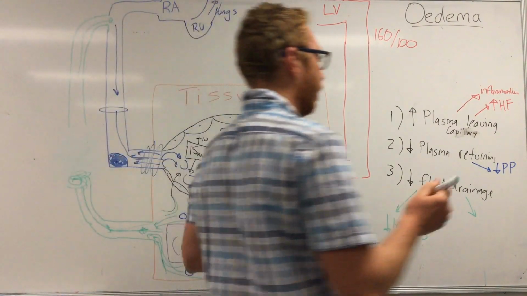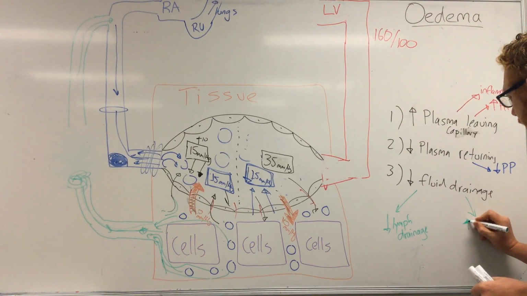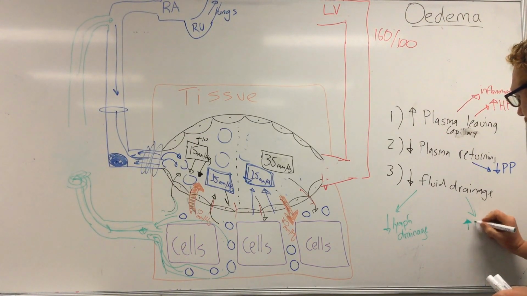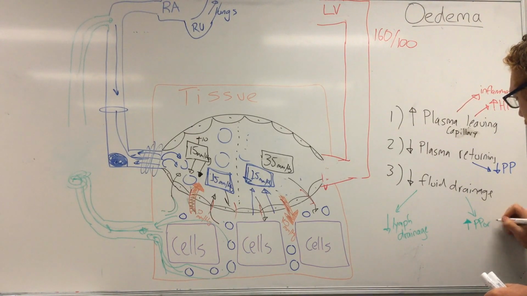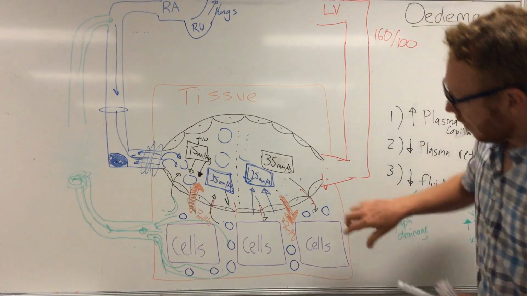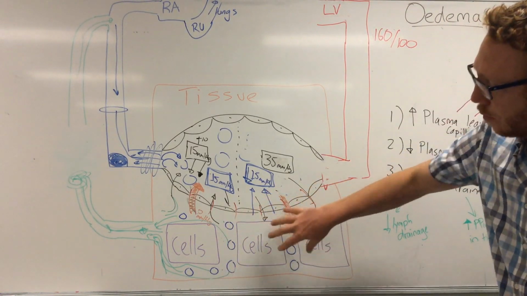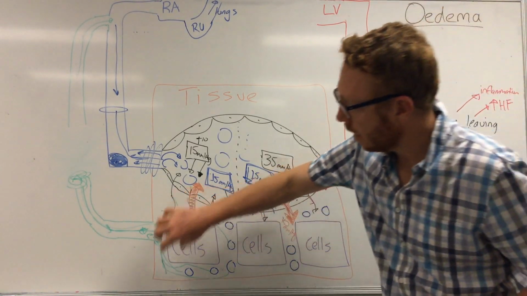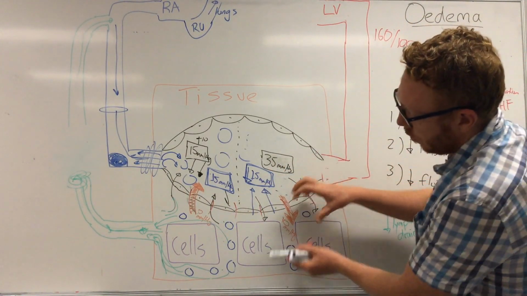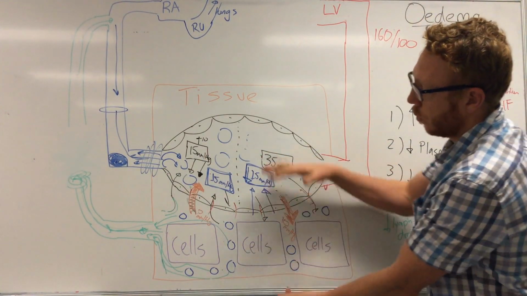A good example of that is an increase in plasma proteins, or let's say sodium, in the tissue. So if you have excessive amounts of sodium ions or plasma proteins that will retain in that, fluid will go to that as well, or water will go to that as well, which will cause that to swell.